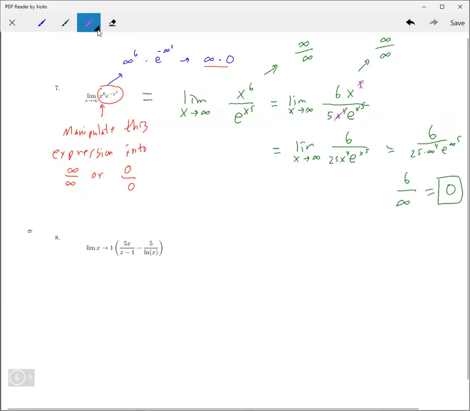One interesting thing that could happen is, let's say you had the limit as x goes to infinity of x to the fifth over e to the x. Then you can start taking derivatives, because that's infinity over infinity, right? Now with this one, it's 5x to the fourth over e to the x. And it's still infinity over infinity, so you can do it again. But you can kind of see what's going to happen.